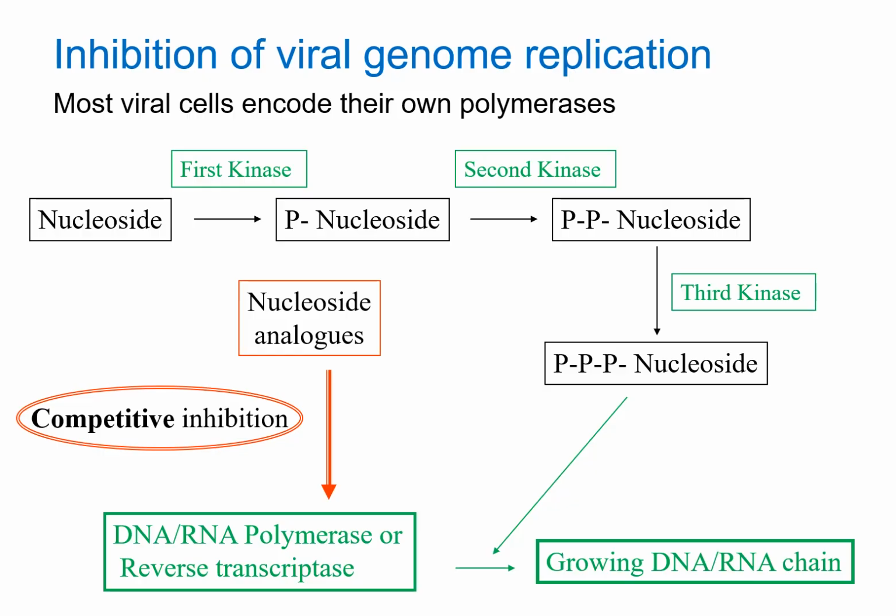I just want to remind you that a nucleoside has to be phosphorylated 3 times by a first kinase, a second kinase, and a third kinase. So we have the nucleoside triphosphate or the nucleotide, and this is the one that competitively inhibits the growing DNA or RNA chain. And this will come up in a few slides from now. Why is this important?